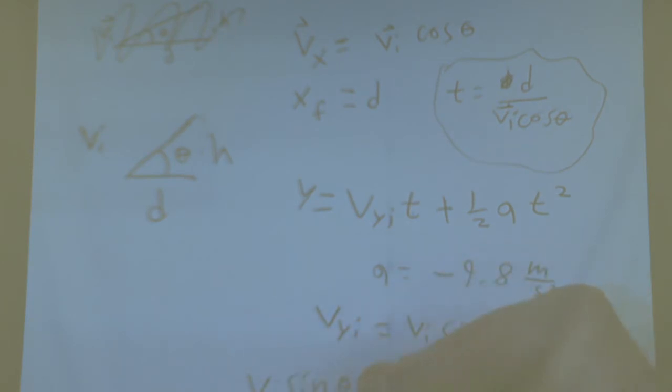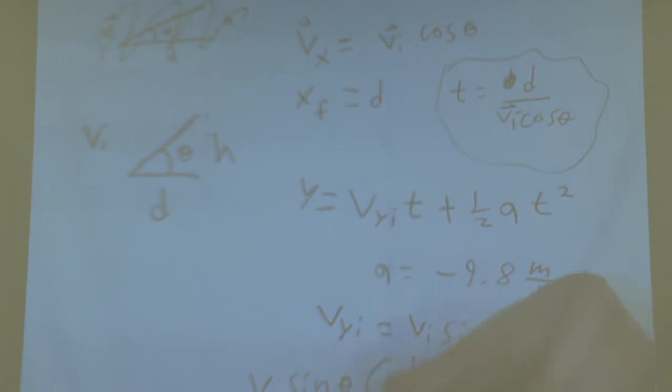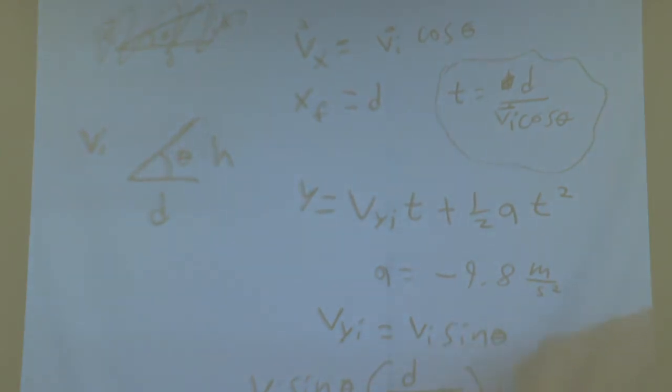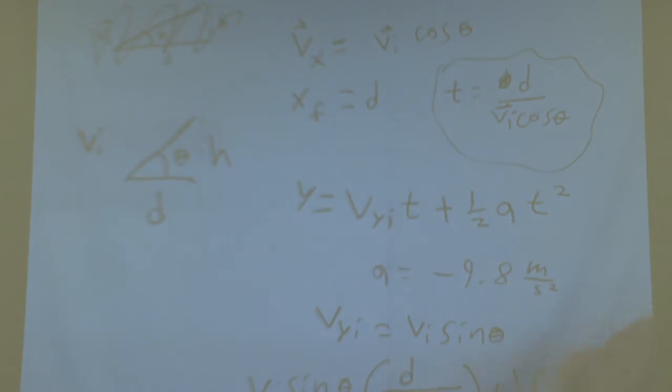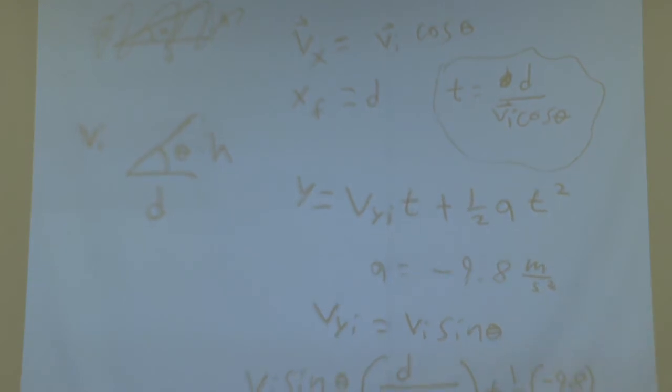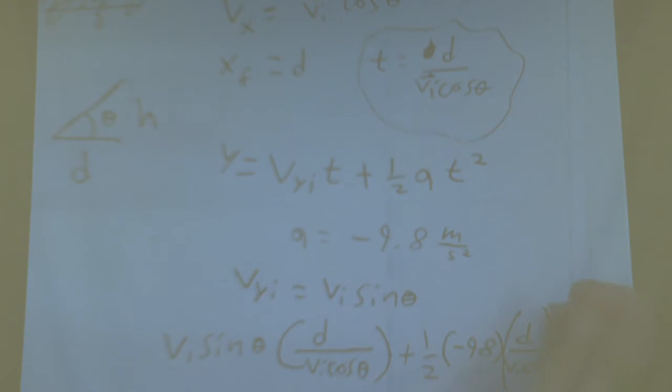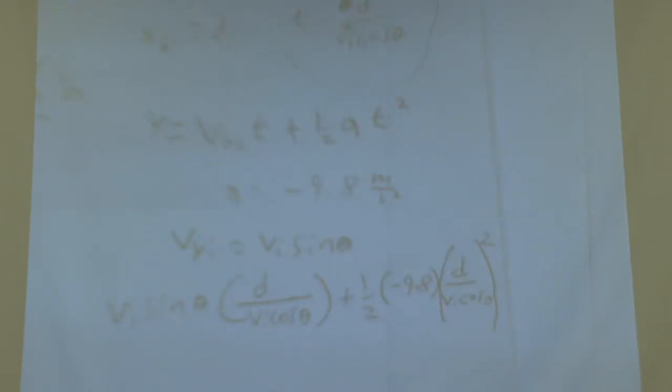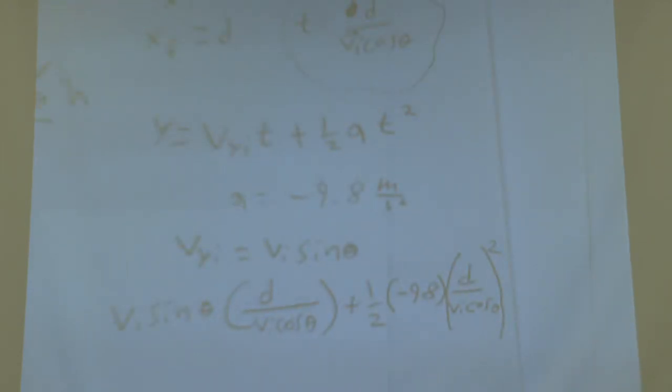Vi sine theta, squared. Are there any questions about how I got to this point?